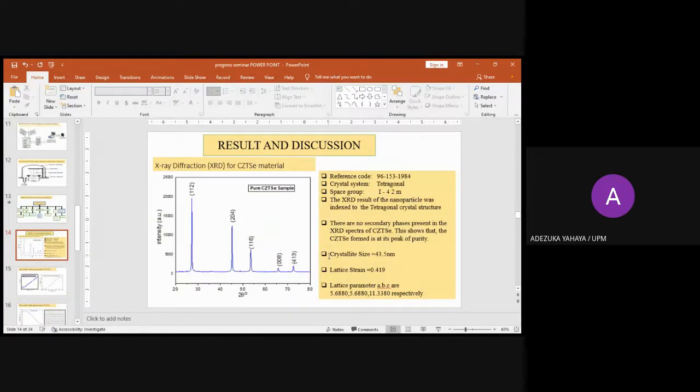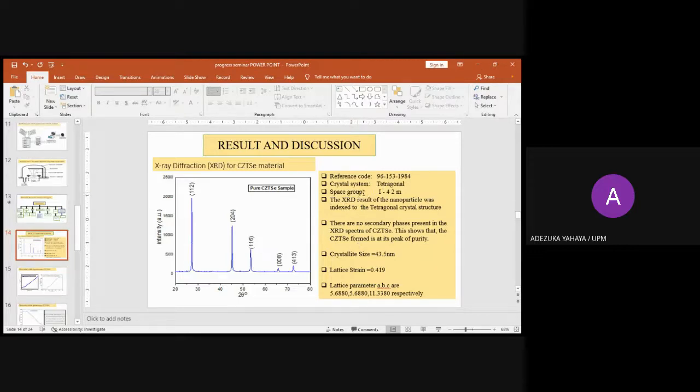This is some of the results I obtained from the XRD analysis of the sample. You can see the peaks correspond to the values of the sample. I have the reference code here.